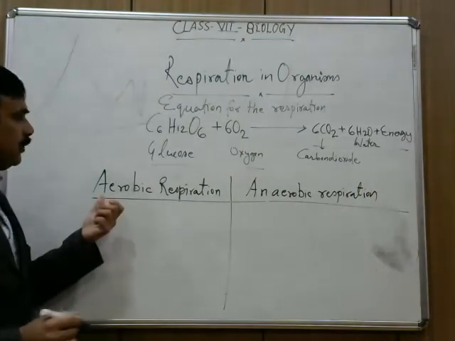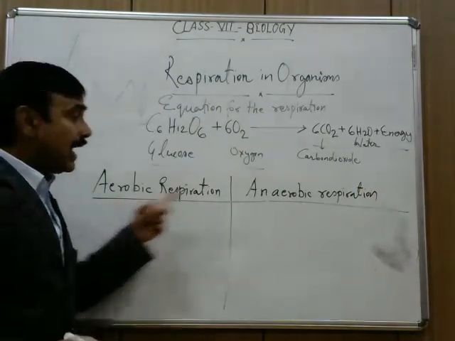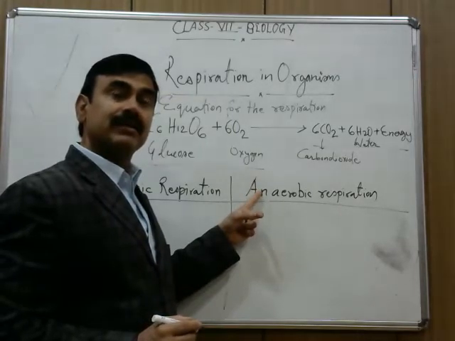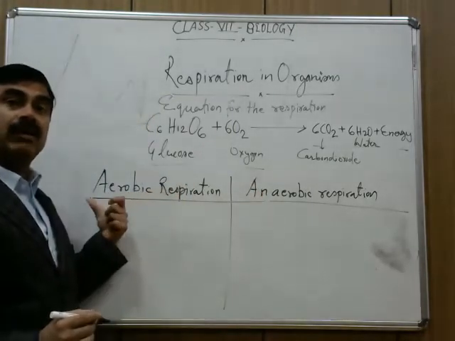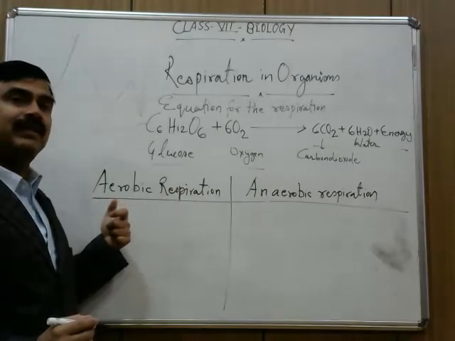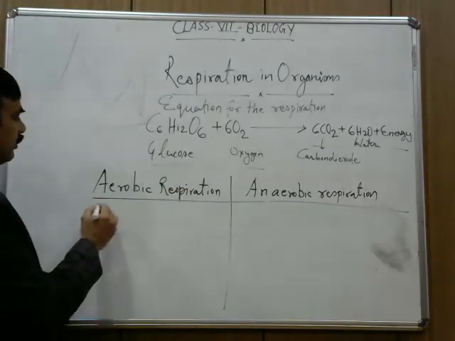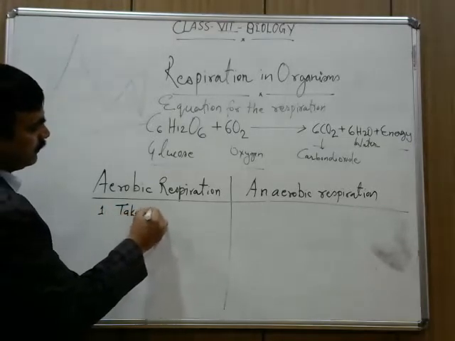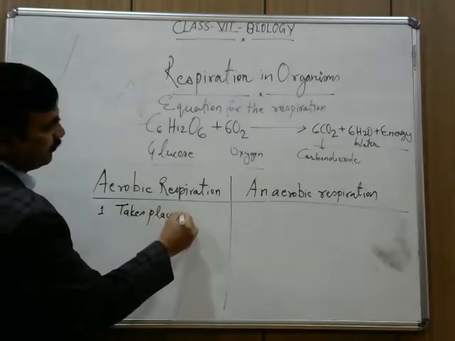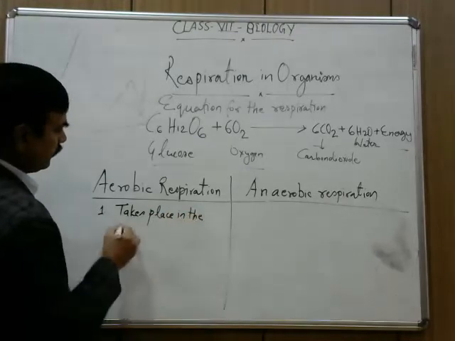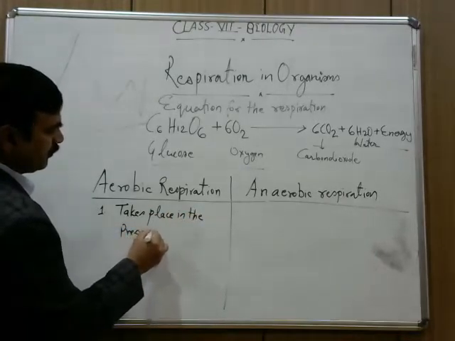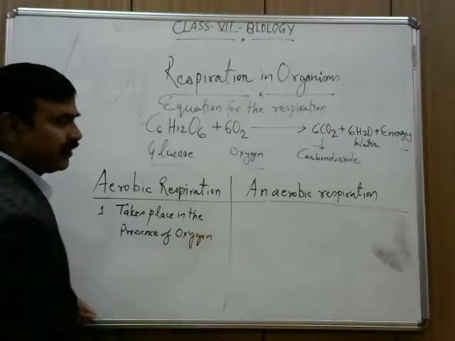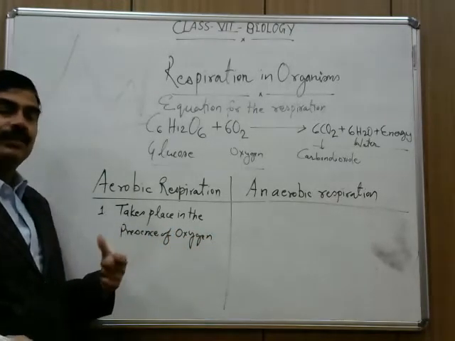Okay, aerobic, anaerobic. An indicates absence. Aerobic respiration takes place in the presence of oxygen. So the first difference: it takes place in the presence of oxygen.